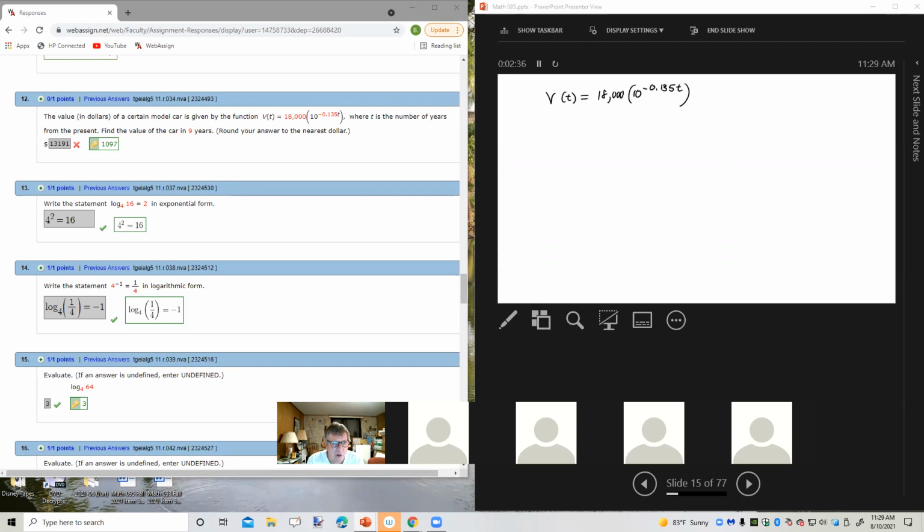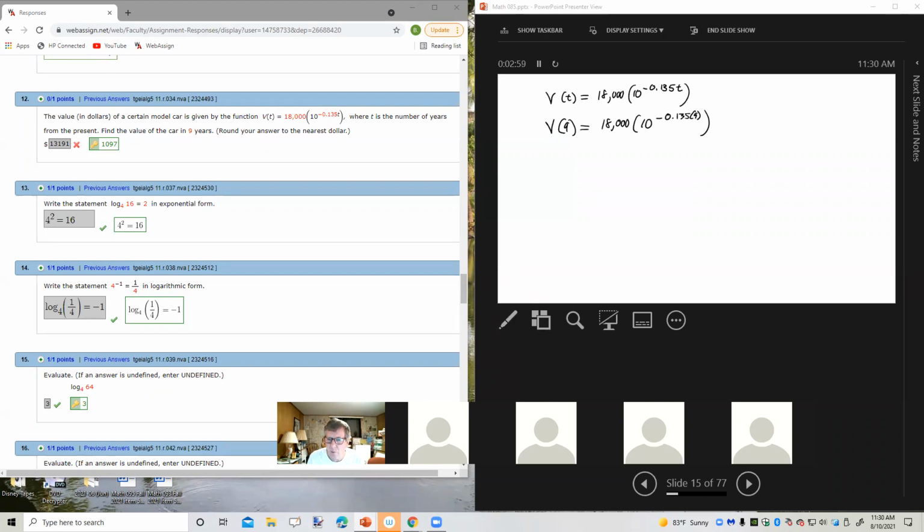Find the value of the car in 9 years. So basically they want us to find V of 9, which would be 18,000 times 10 to the negative 0.135 times 9 power.